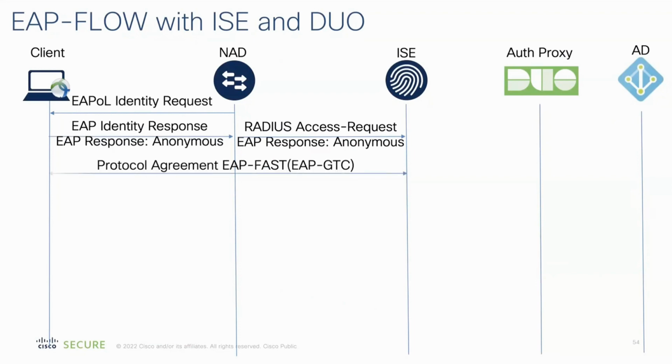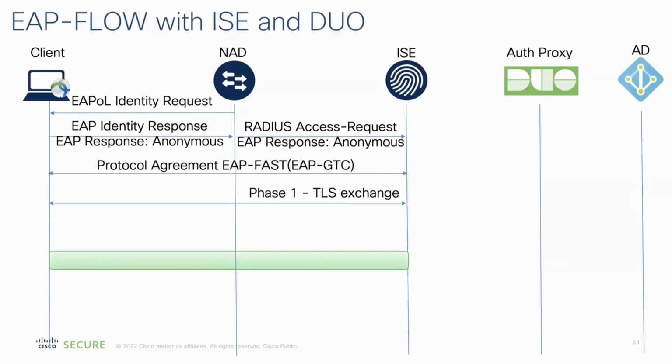Once ISE gets the EAP response, it initiates the protocol negotiation. Because we configured EAP-FAST with EAP-GTC, the protocol is negotiated with that agreement, and then phase one succeeds. Once the tunnel is established, we send the password credentials to the ISE.